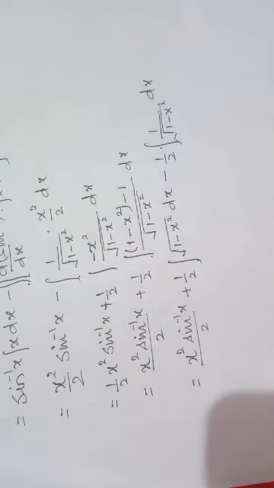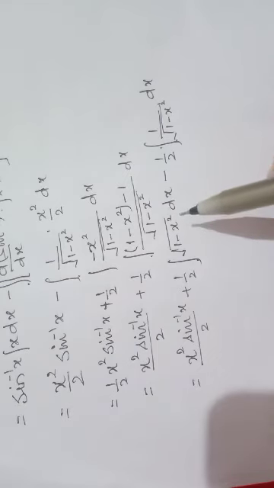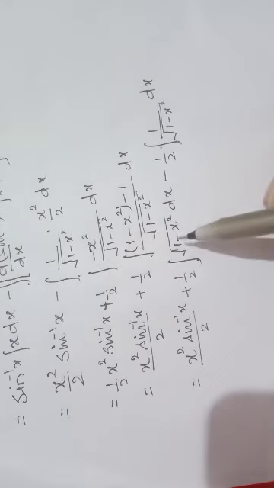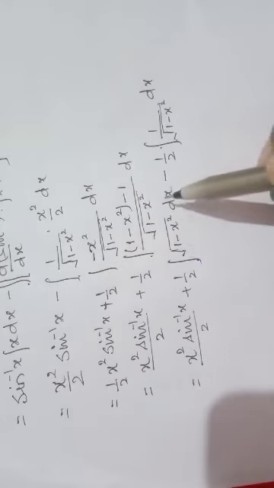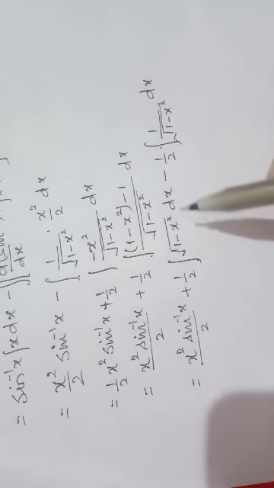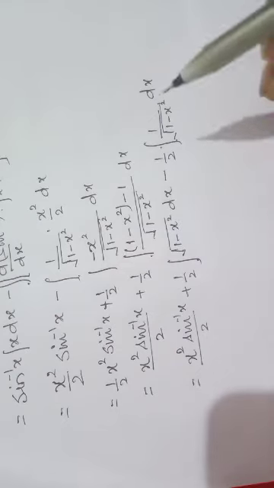Now you can integrate it by suitable substitution. Otherwise, if you don't find any suitable substitution, you multiply it by 1 and then integrate, using u into integration of 1 minus differentiation of u into integration of 1, then you can do it.